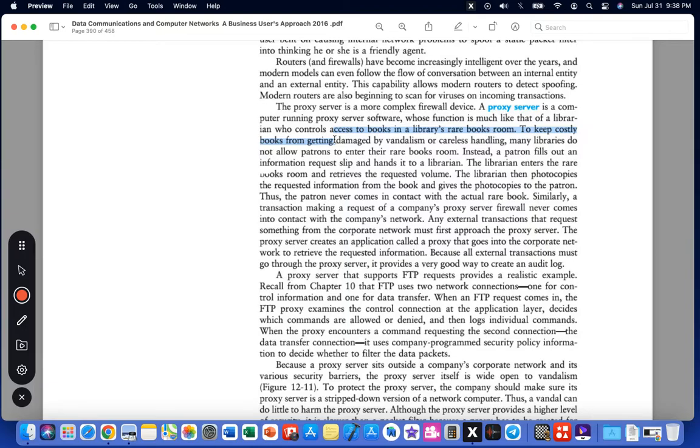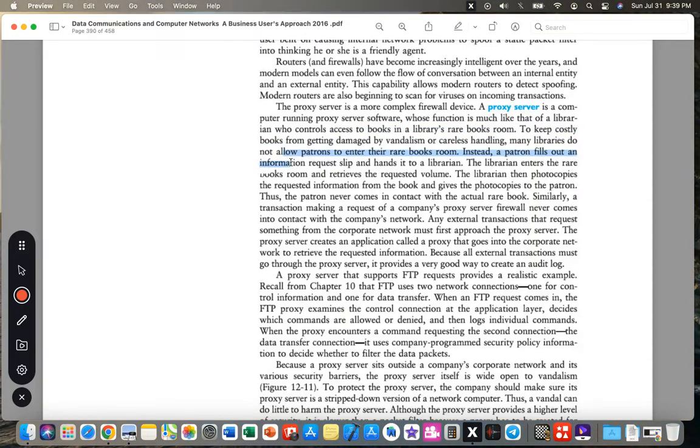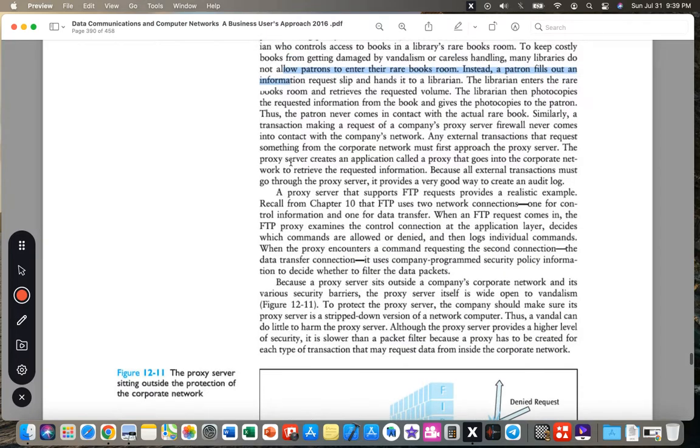To keep costly books from getting damaged by vandalism or careless handling, many librarians do not allow patrons to enter their rare book room.